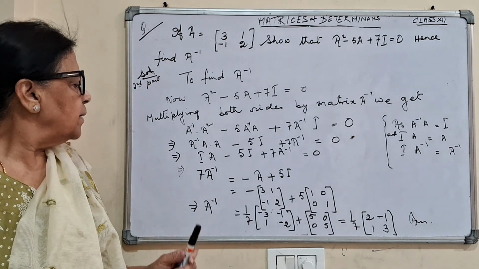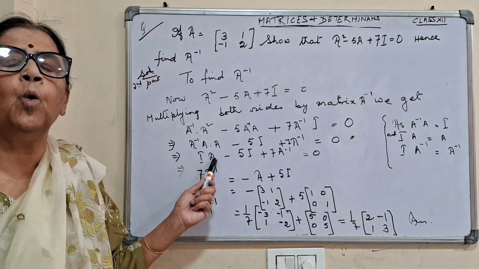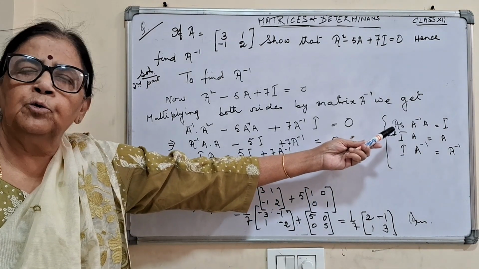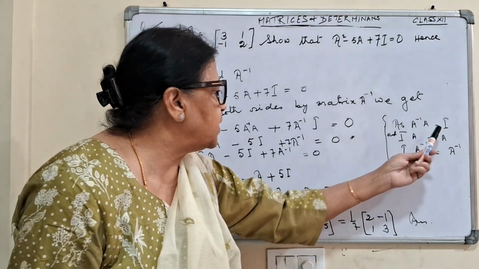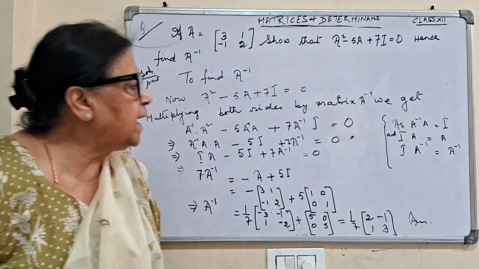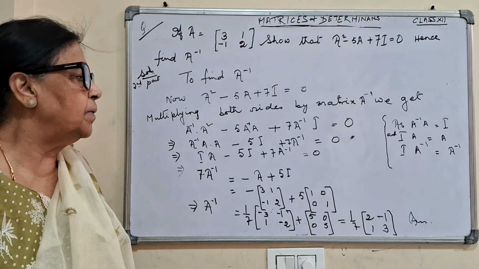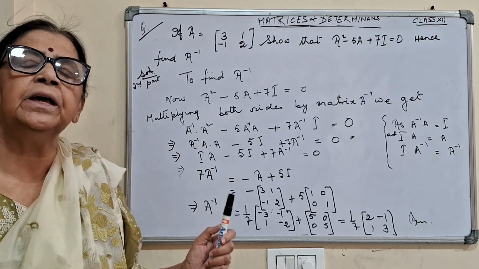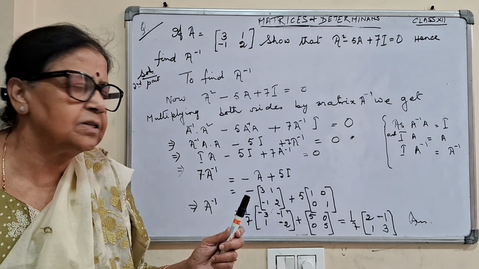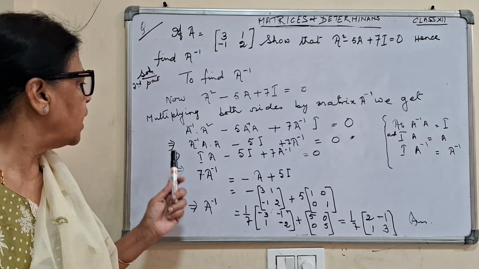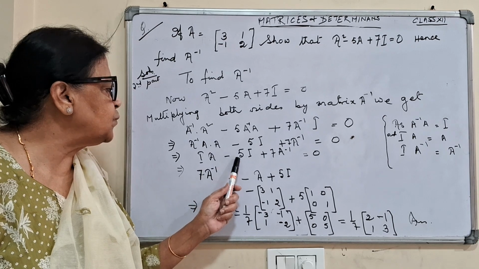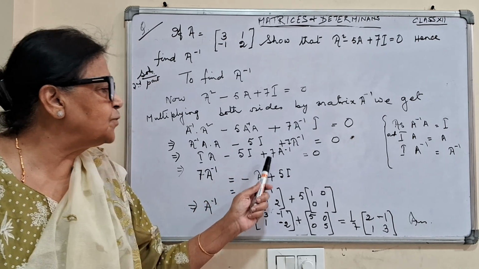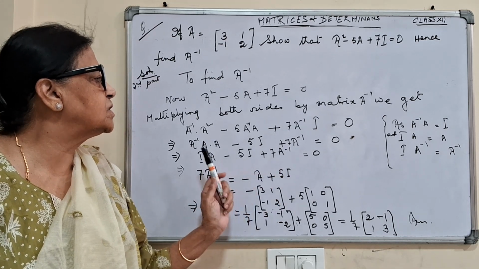Then A inverse A is the unit matrix I. And IA is A only, and I into A inverse is A inverse.